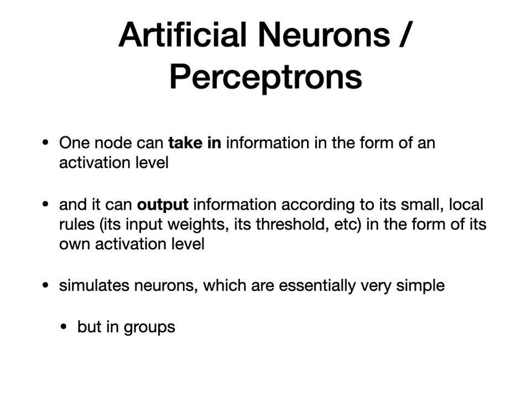What are the weights of each input? What's the threshold at which I decide to fire? And output its own activation level further on in the network. So it simulates neurons in this very simple way, which are in their own way also quite simple at the informational level, not at the biological level.